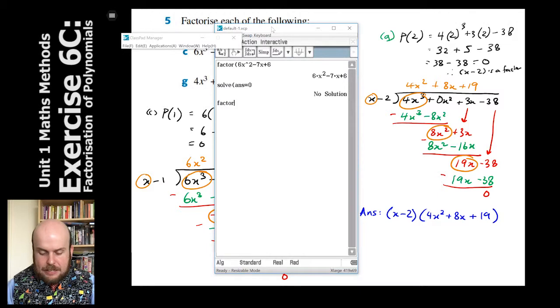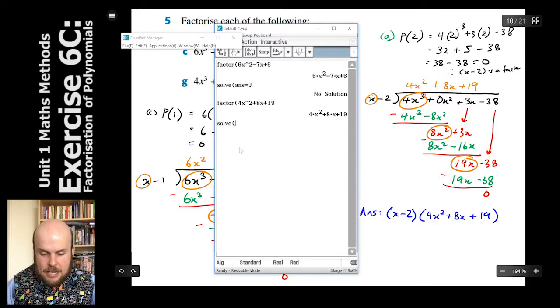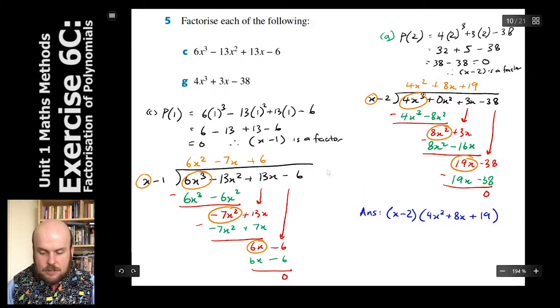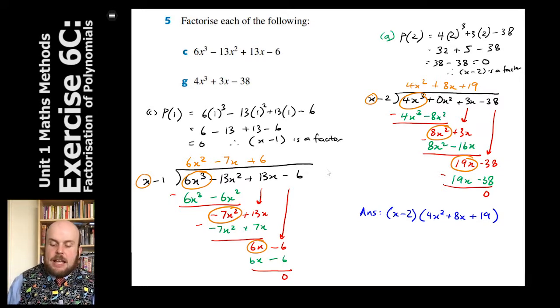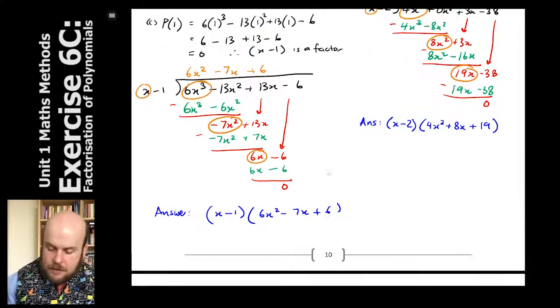This CAS calculator is brought to you by ClassPad. ClassPad, the sensible alternative. So 4x squared plus 8x plus 19. Yep. And even if I try to solve, the answer equals 0. There's no solution, so that is definitely not able to be factorized.